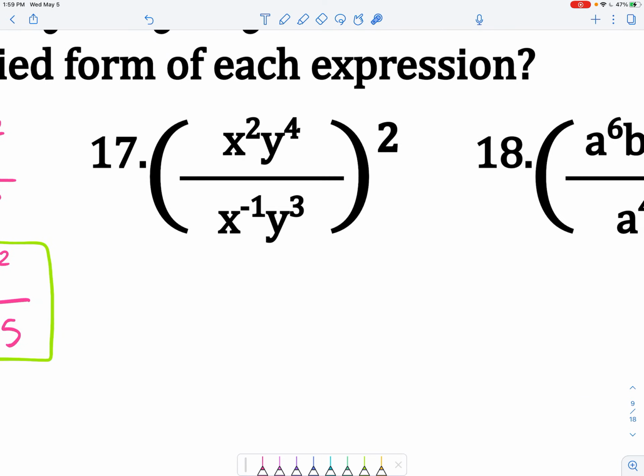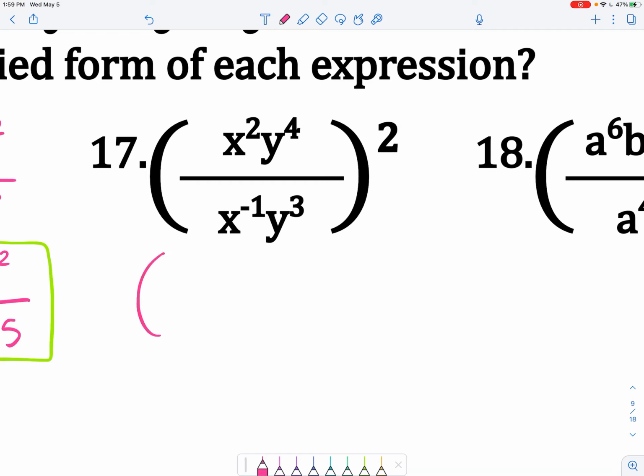Number 17. If you notice on the inside, I've got some matching bases on the top and bottom. So here we're actually going to combine those two properties. I like to simplify the stuff that's inside first before I distribute this 2 to every single thing, because then you're multiplying this 2 with fewer exponents, hopefully.